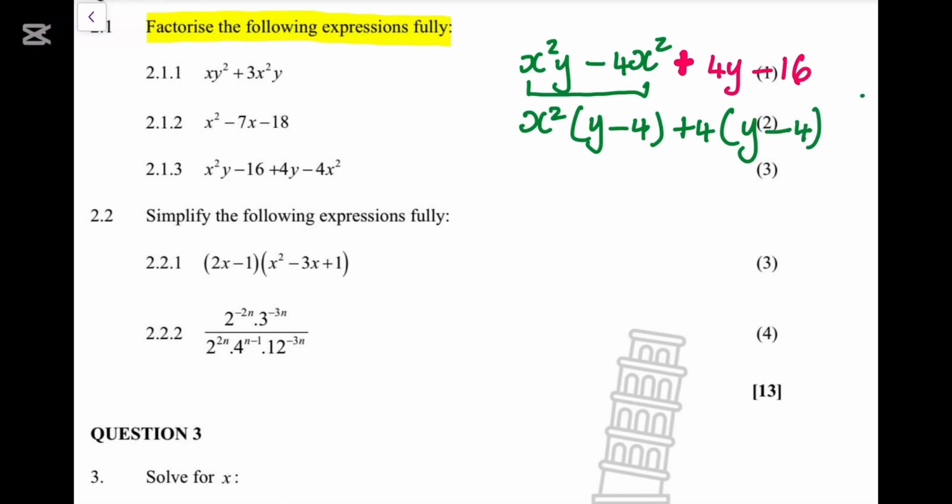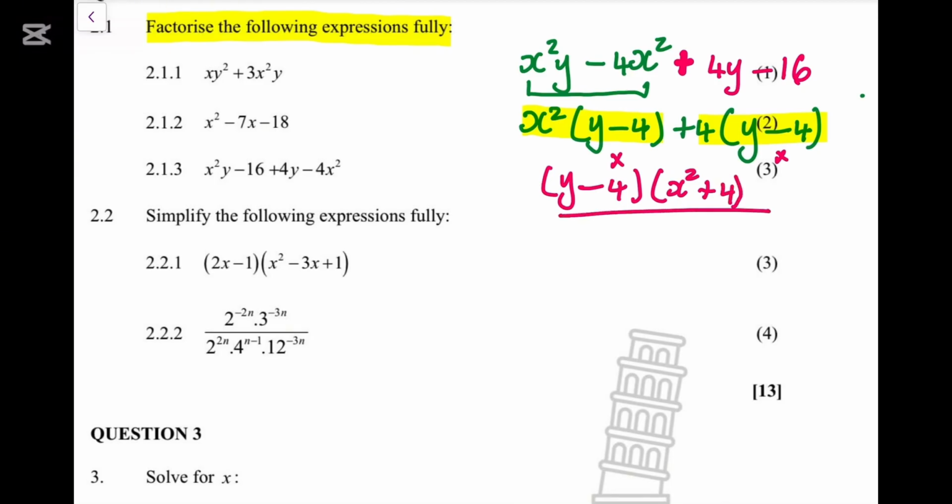And then now we can see that we now have 2 terms. Now again, among these 2 terms, there is a common factor, which is y minus 4. We can take it out again. So we have y minus 4, and then we are going to remain with x squared plus 4.